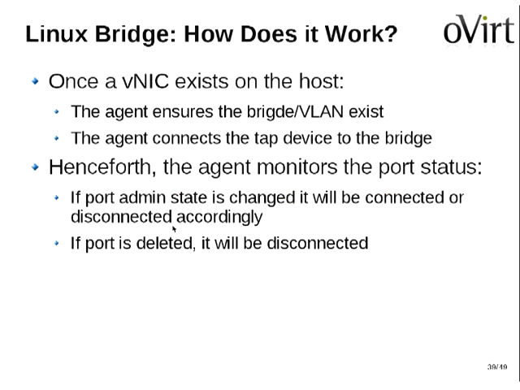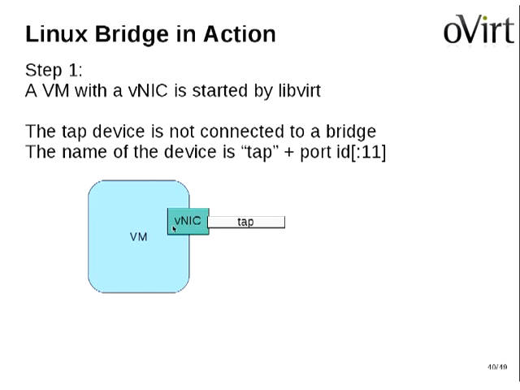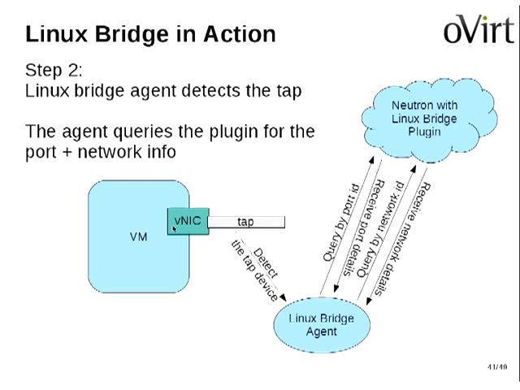Linux Bridge, really simple. It basically does almost the same. I'll go over it really quickly because we have very little time left. But also the VNIC is somehow started by oVirt, and the tap device here is called tap. It has the first 11 digits of the port ID, right?